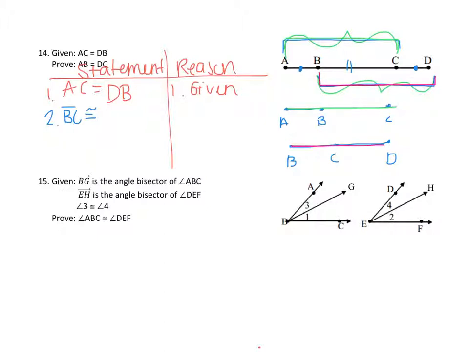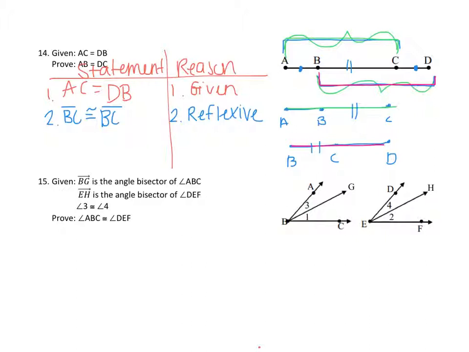Again, BC is in both of these segments, so I can say that BC is congruent to itself. And the property for this is called reflexive. I always think, okay, if I see myself in a mirror, it's called my reflection. So here, if segment BC is congruent to itself, it's seeing itself in a mirror, so it's reflexive.